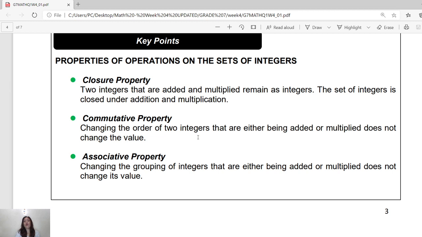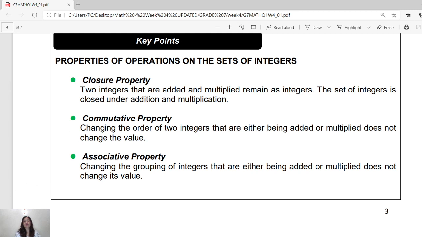Commutative property. Changing the order of two integers that are either being added or multiplied does not change the value. So meaning, if you add these two, even though you change the position or the order, in multiplication and addition, the value remains the same.